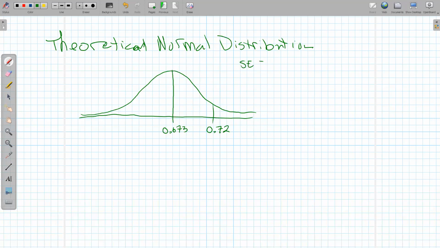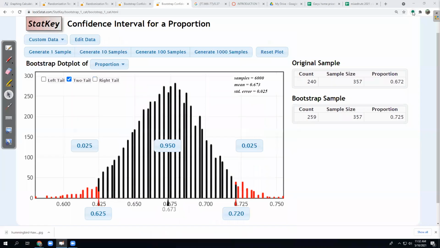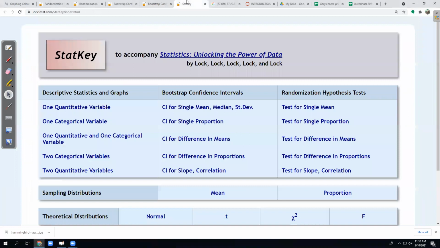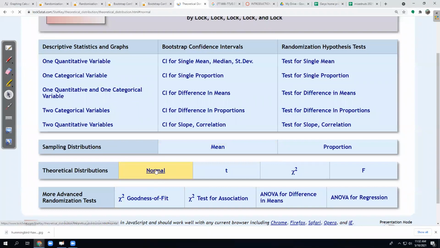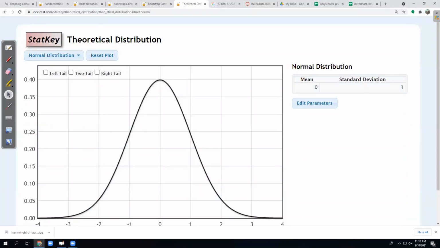Standard error 0.025. So for most normal distribution calculators, and we could use a spreadsheet, but StatKey is easier, it only gives us limited options for the decimal values. So back to the StatKey homepage. Let's see, we want theoretical normal. I'll put this in the chat so you can give it a try.